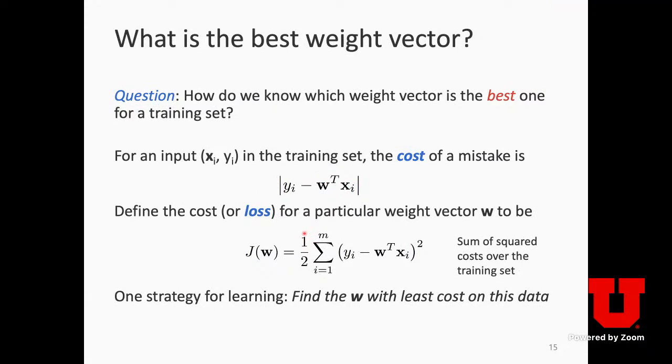So the squared error, since it is squared, you get the absolute value kind of effect, but you also get much larger values for bigger mistakes. So if you make a mistake that's very far off, you get a squared kind of error on that.